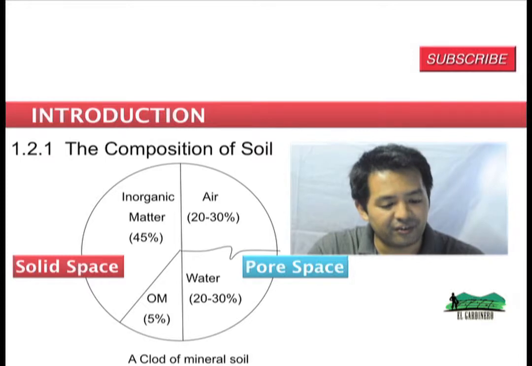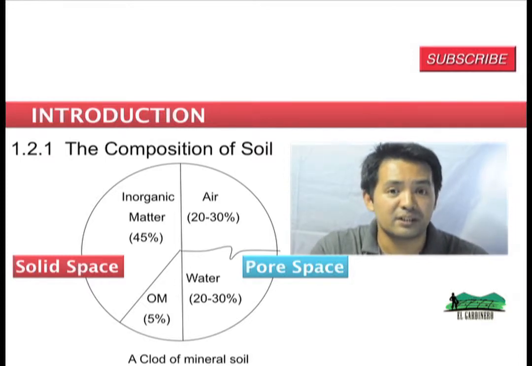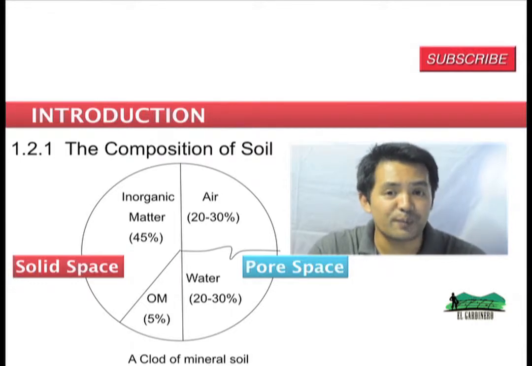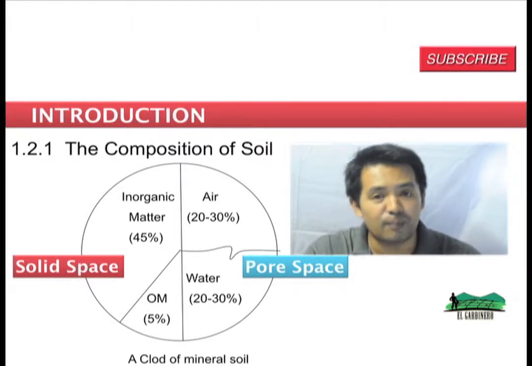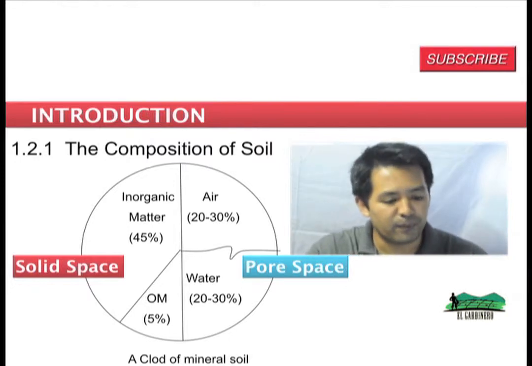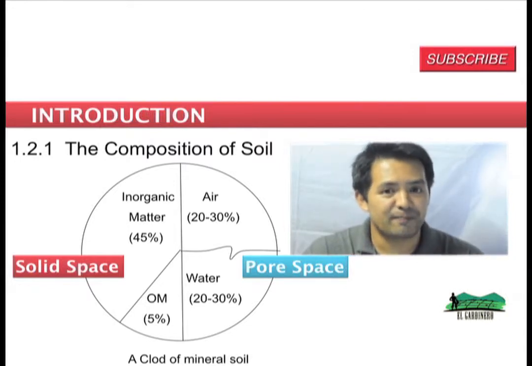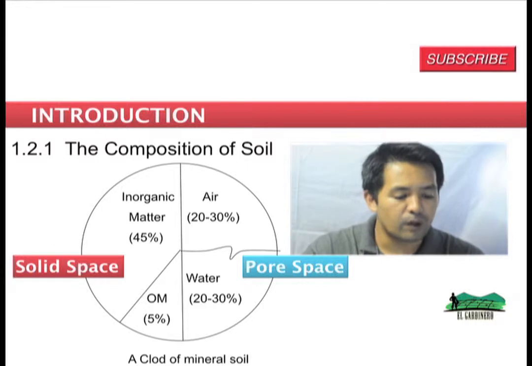The second half in the right side is the pore space. So actually, we have 2 spaces in the soil that is occupied by soil solids, and the space that is occupied by the pore. Now we will learn what are these 4 components.